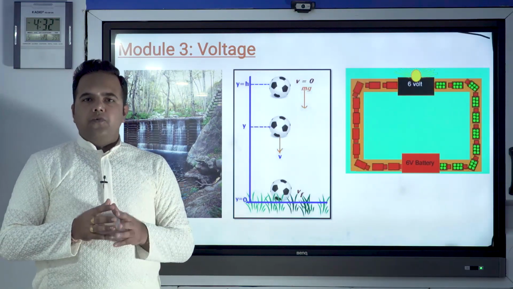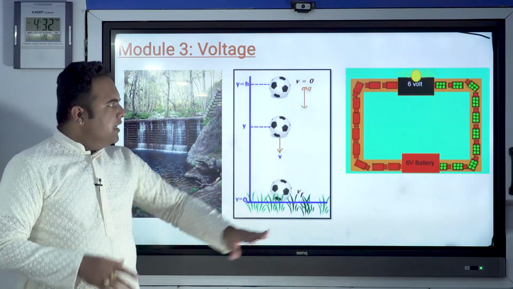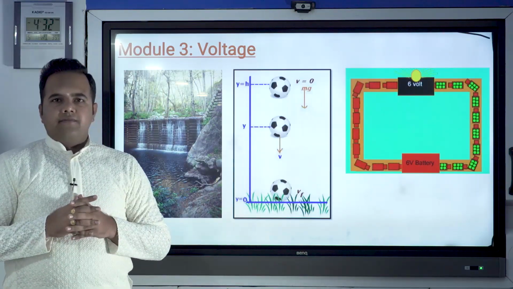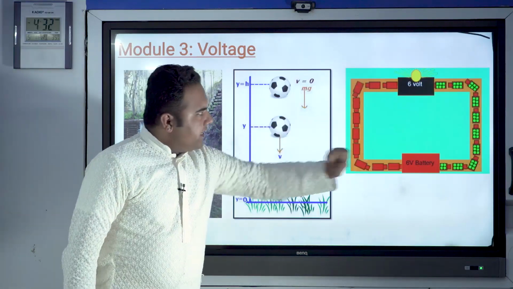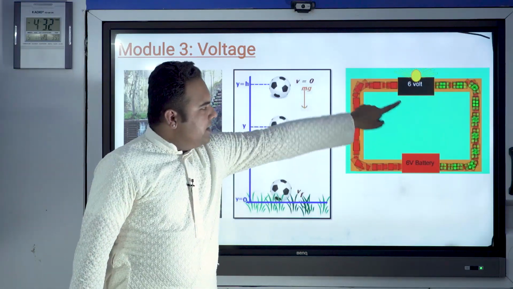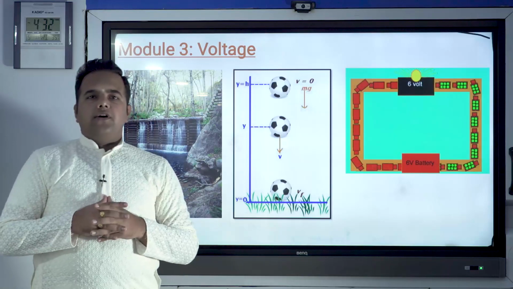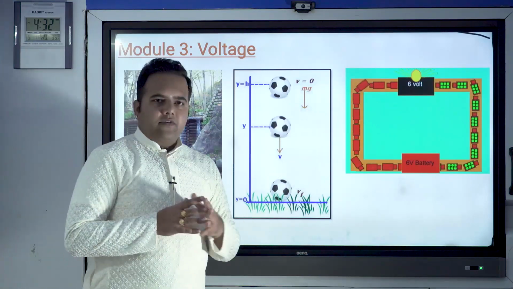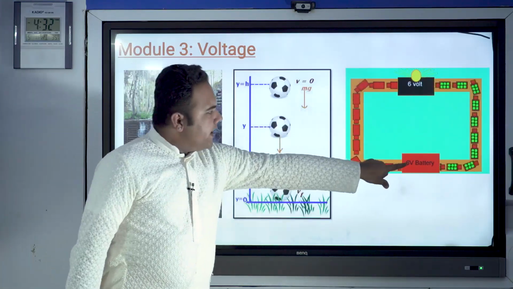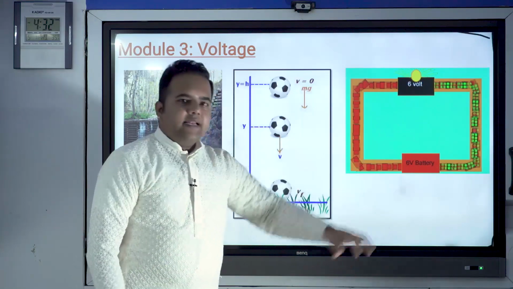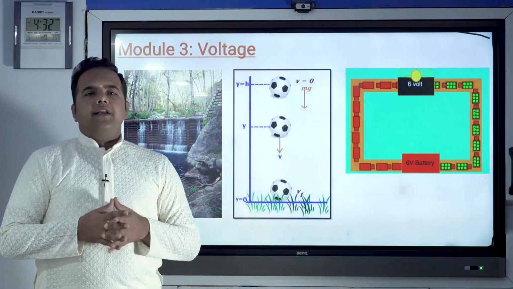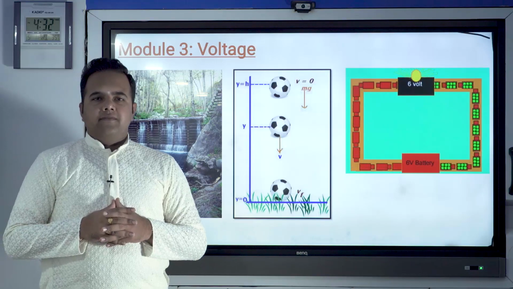The battery makes the electrons move with a particular energy, and this is what it is showing here. The battery is connected, the bulb is glowing. If the battery is removed, all of us are aware that the bulb will never glow. So what happens now? Inside the battery, there are some chemical reactions happening.